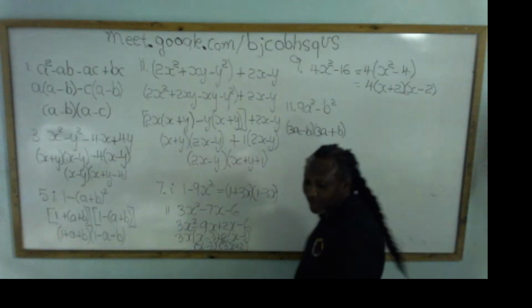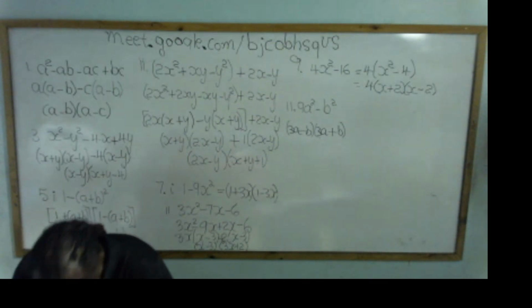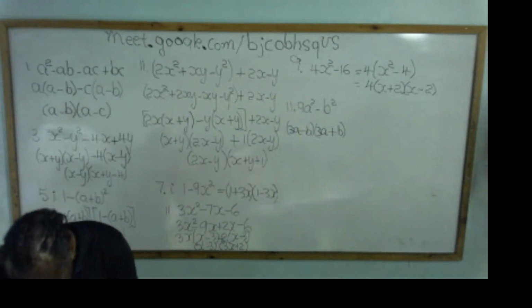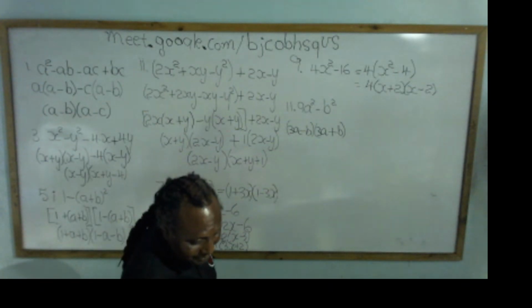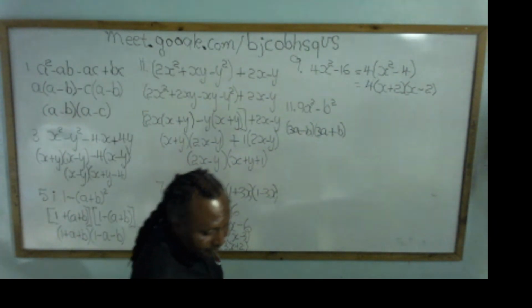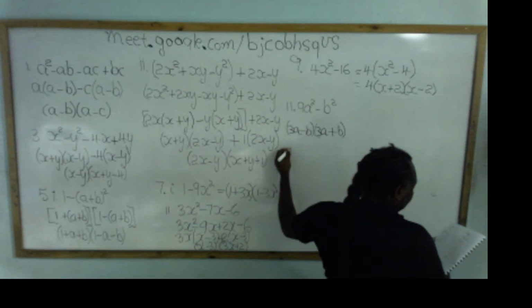I think that number 11 has a second part. It does. Yeah, your favorite. Factorization by grouping. Roman 2.